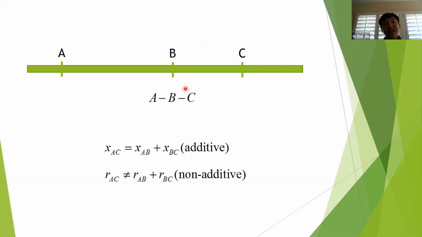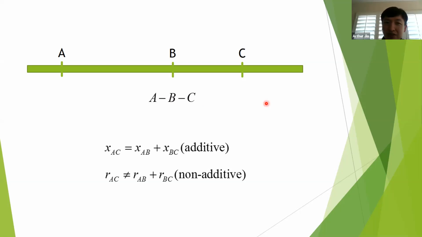All right. Okay, so let's look at this example. Suppose we are interested in finding out the genetic map distances between these three loci, which are located on the same chromosome.